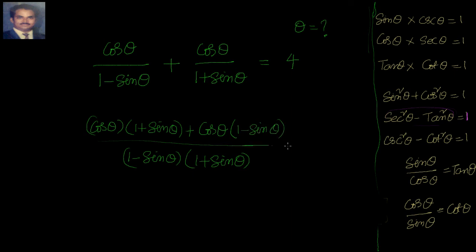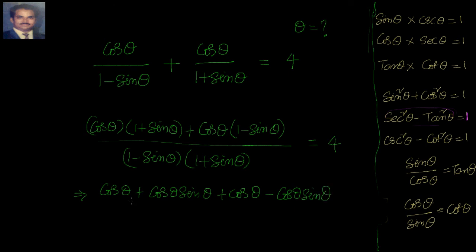Now if I simplify this, this becomes cos theta plus cos theta sin theta plus cos theta minus cos theta sin theta, divided by 1 minus sin square theta. If I simplify this, this cancels.